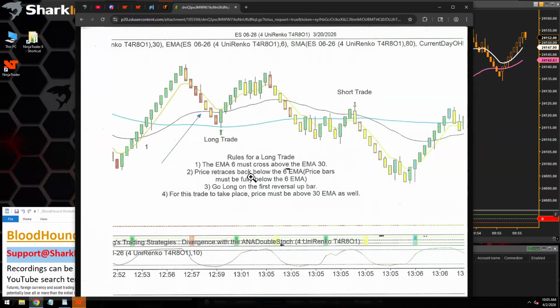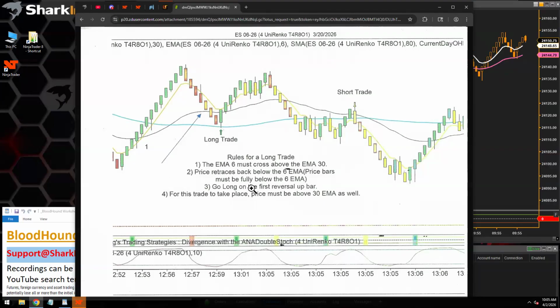With this screenshot, it tells me some things that I wasn't provided last week, which is that this is for a Renko system. And we do have a third rule here, which is specific to Renko bars.